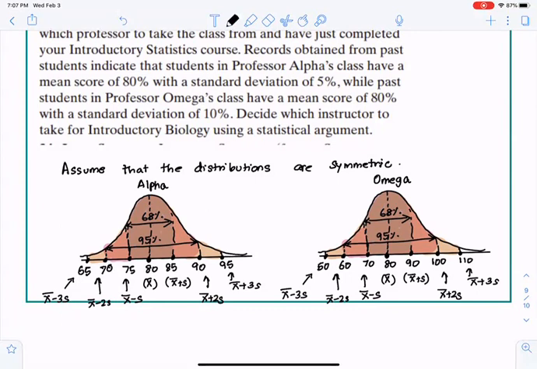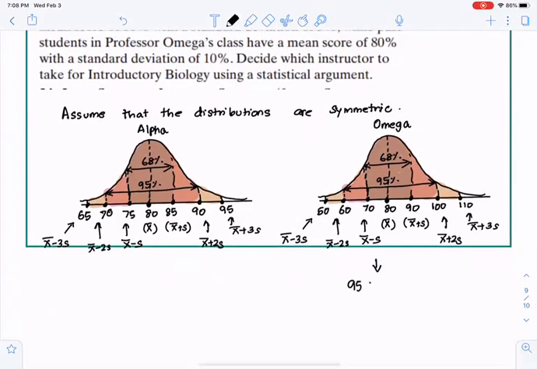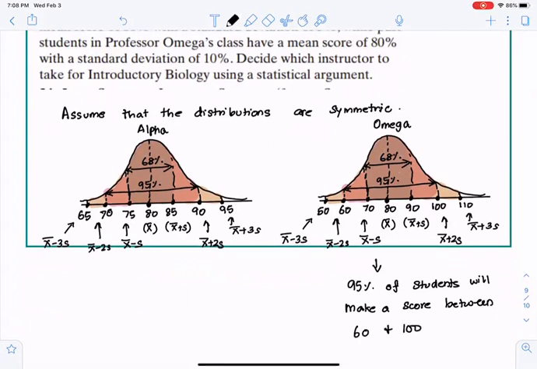So if we look at the curve, we can see 95% will make a score between 60 and 100 in Professor Omega's class.